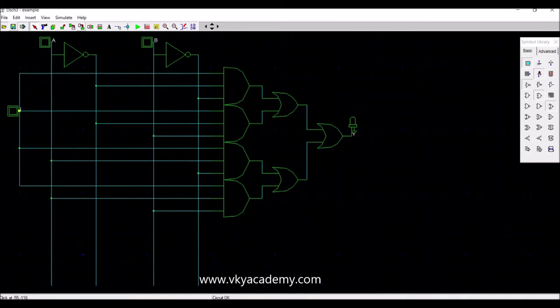Now in the 4 cross 1 multiplexer, we have one output. Now we need 4 outputs. And the output we will take from all these AND gates. So remove these OR gates, and connect 4 LEDs at the output.